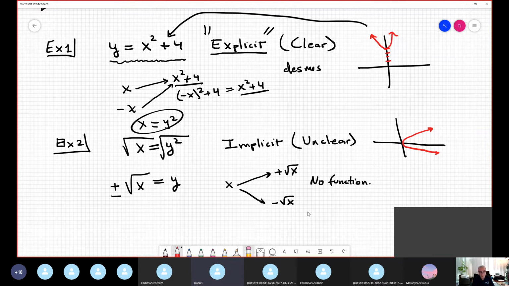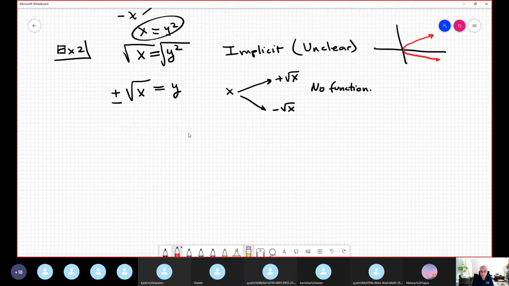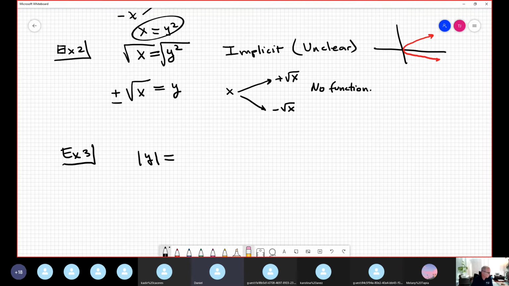One more example, the last one. When you have an equation and you need to determine if it's a function or not, be careful, because the first thing you should do is express the equation in explicit form. Explicit means y totally isolated. Suppose this: absolute value of y is equal to x plus 1.